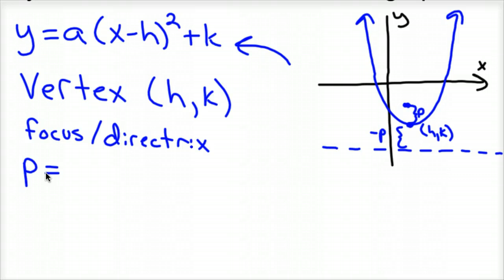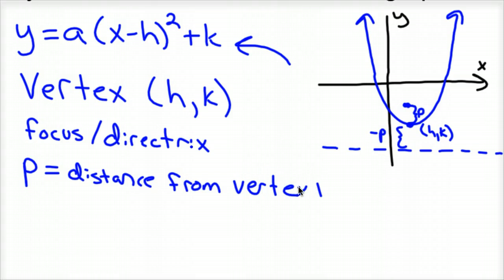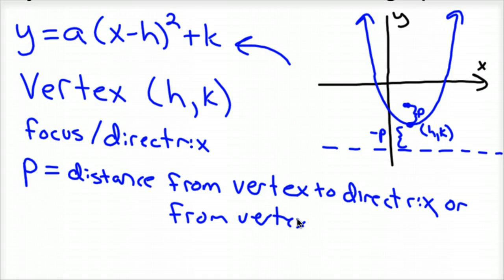P is the distance from the vertex to the directrix, or from the vertex to the focus. And I have it listed here. Now there are some really cool properties for parabolas, and there's a reason we learn these, but let's just get you through the algebra today.